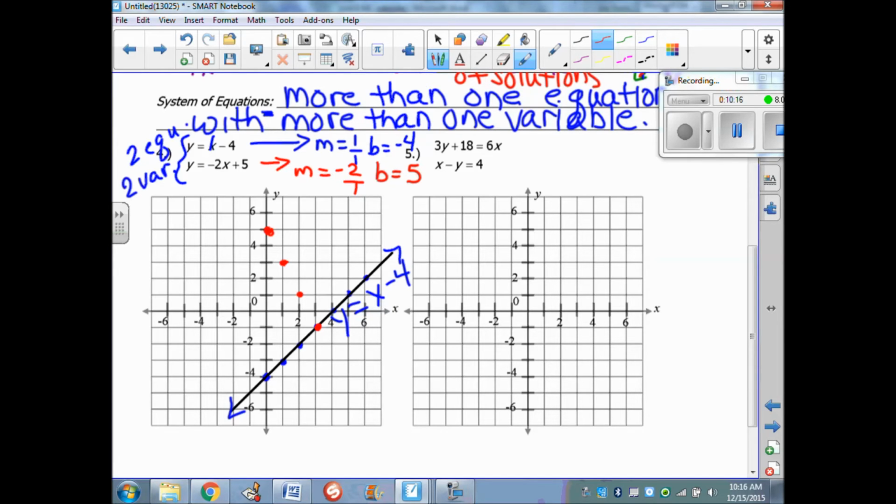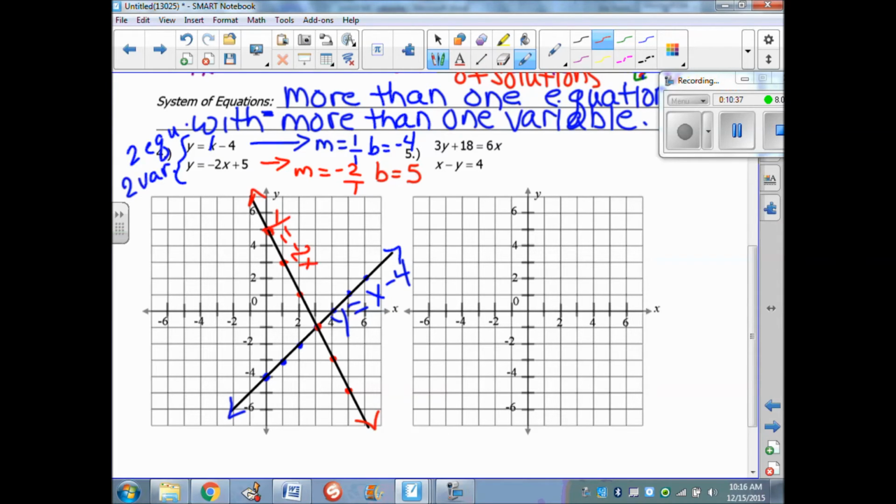Huh. Down 2, right 1. That looks kind of good. And now, again, grab your straight edge and make sure you have a nice, accurate line. Put your arrows and write your equation.